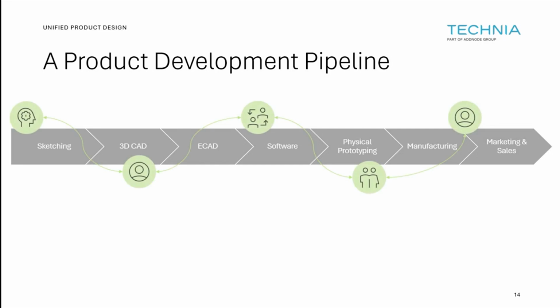In any successful product development process, communication needs to start early and happen continuously throughout the project. It's essential for mechanical, electrical, and software teams to be aligned right from the beginning, especially during the conceptual and prototyping phases.